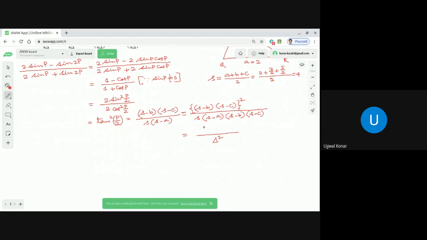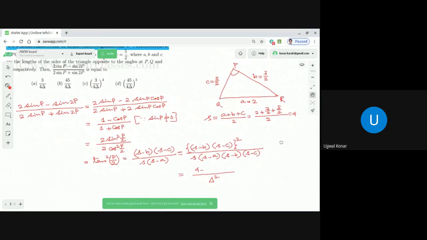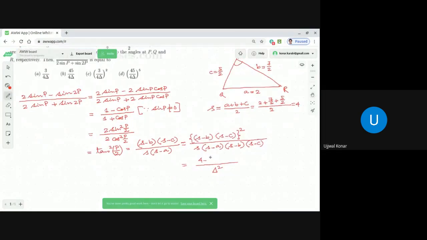And S minus B means here B is 7 by 2, so 4 minus 7 by 2 into 4 minus 5 by 2, complete whole square, divided by delta square. 4 minus 7 by 2 is equal to 1 by 2, into 4 minus 5 by 2 which is 3 by 2, complete whole square, divided by delta square.